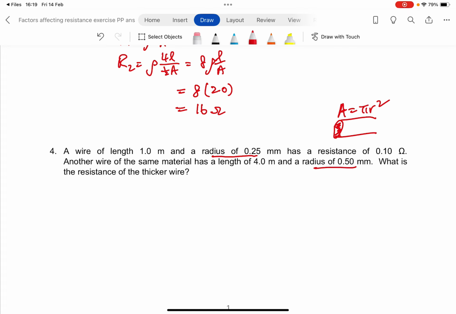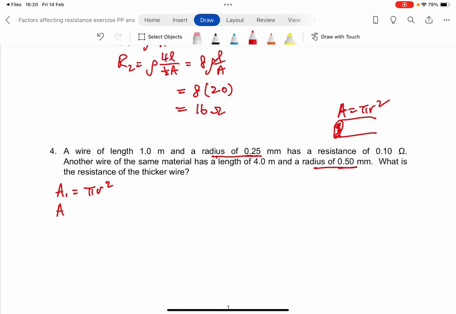We see that the radius has increased from 0.25 to 0.5. That means it's twice. So we know that area 1 is pi r squared, which is 0.25 actually. Now we don't need to calculate it out because we only need to know the relationship.